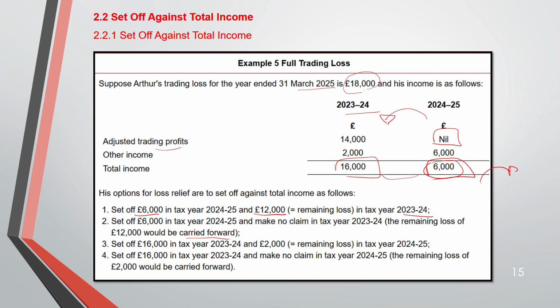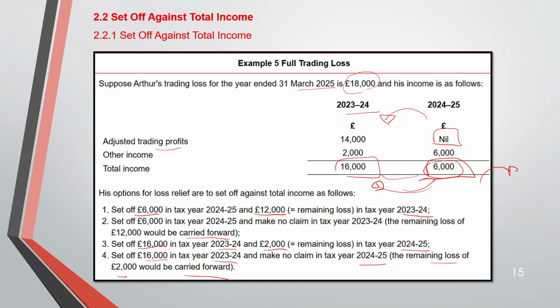Third option, first set off against the 16,000, go back, and then the remaining 2,000, because 18,000 is the overall loss, set off against 24-25. Or the fourth option, set off against the 16,000 in the previous tax year, do not claim anything in the current tax year. The remaining loss of 2,000 you carry forward.